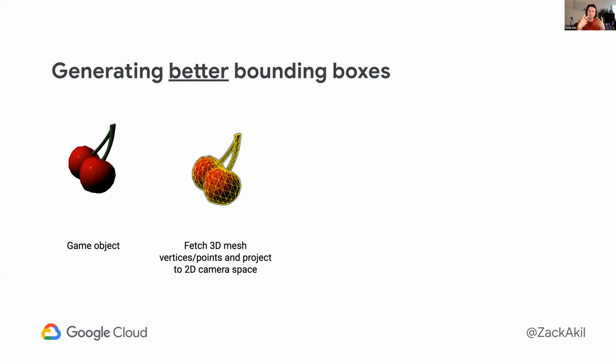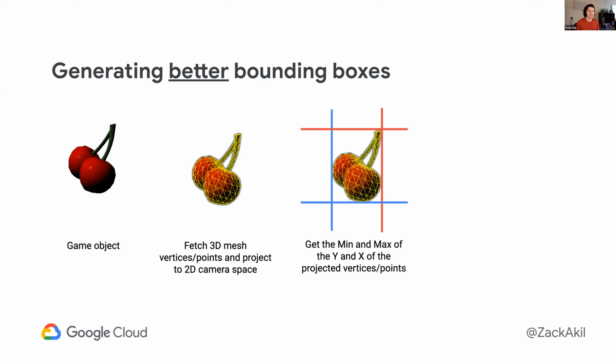Instead of using the generated 3D bounds from the game engine, which is very efficient, I created a less efficient way, which is looking at each individual point of geometry on every 3D object, projecting that to the 2D space, then doing the min and max of that, and that gets us our tight bounding box. I'm going to provide a link to the GitHub where I've got all this code. So if you want to generate your own object detection datasets using tools like Unity, I'll have the code to generate perfect bounding boxes.